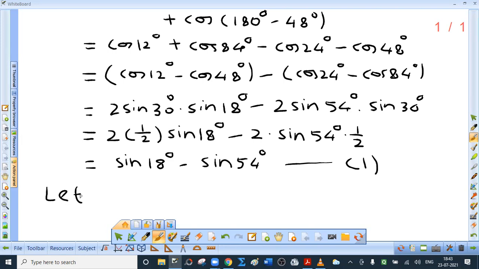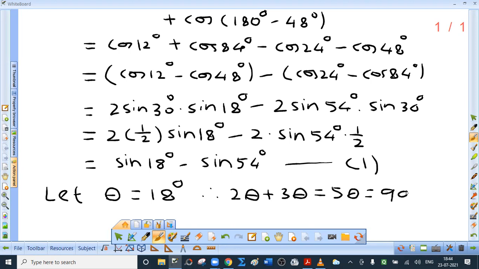Now main job is to find sine of 18 degree. So I begin with let theta be 18 degree. Therefore, 2 theta plus 3 theta is 5 theta. But what is theta? 18 degree.